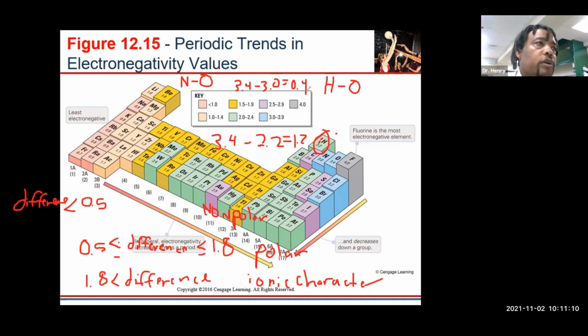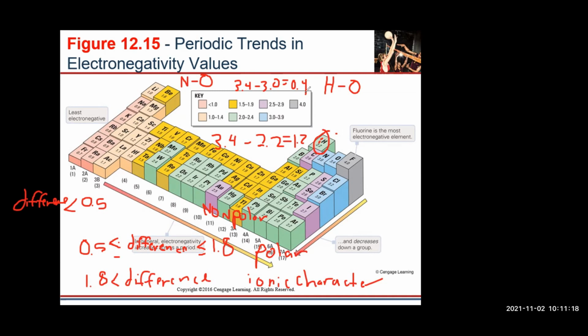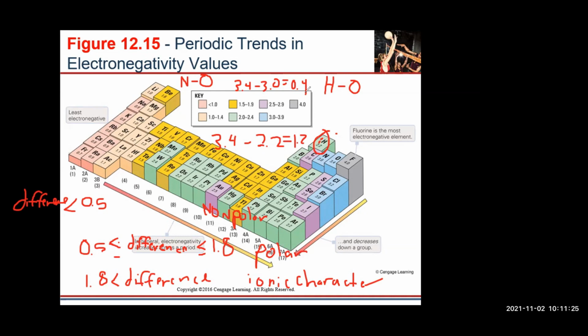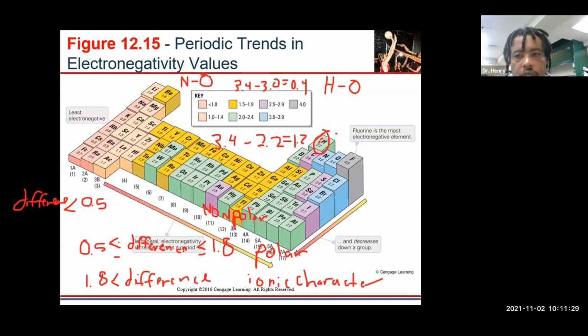Is that going to be polar, nonpolar, or ionic character? Is it nonpolar? That's right, nonpolar. You see how to use that? Okay, good. Clear.